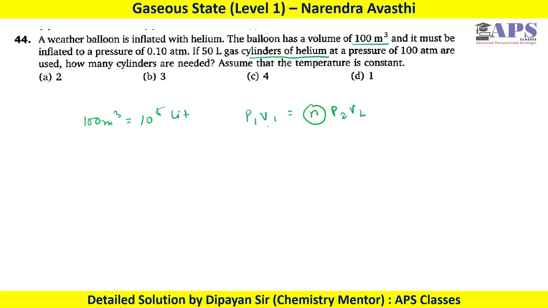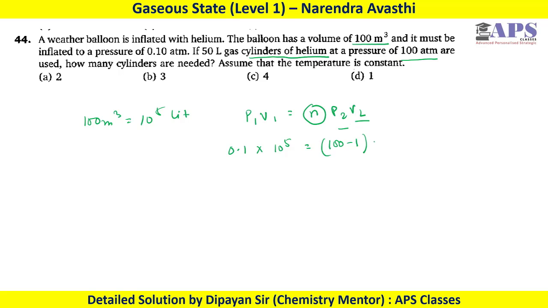Initially the pressure is 0.1 atm and the volume is 10^5 liter. Now we have to apply the pressure difference to fill the balloon. So 100 minus 1 will be the effective pressure for the cylinder, because we can't have the full 100 atm effectively to fill the balloon.